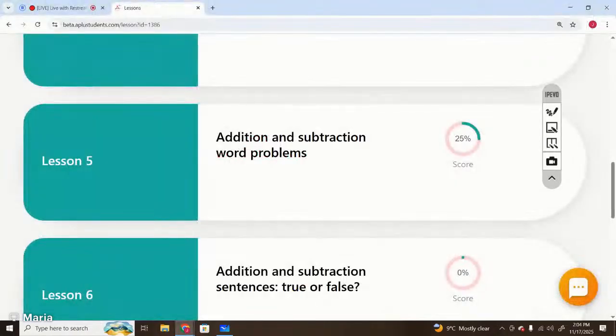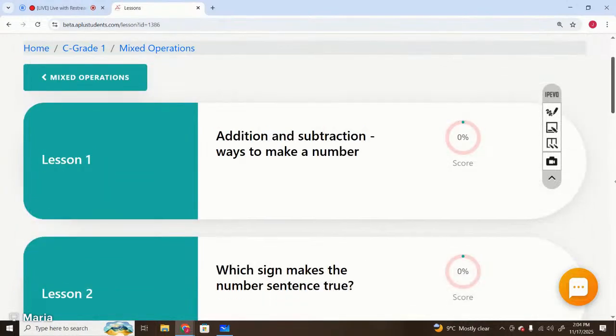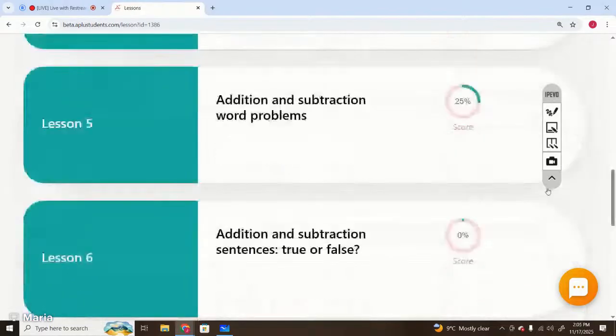Here I'm on grade 1 math. The chapter we are on right now is mixed operations, with the lesson addition false.